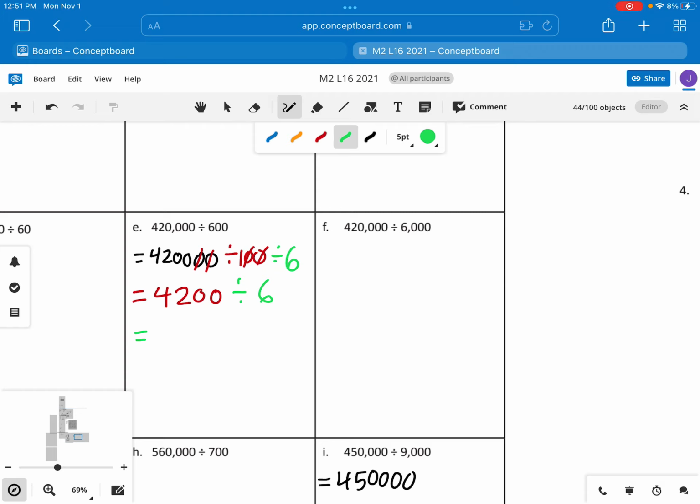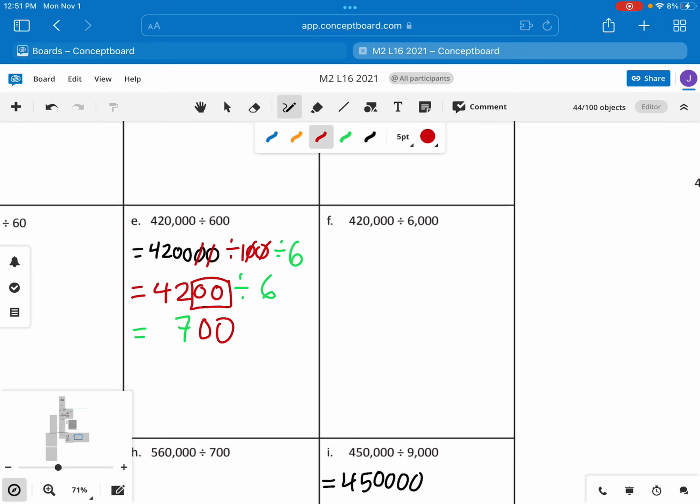So 6 times 6 is 36. 6 times 7 is 42. And now I'm going to put the 2 zeros here. So I'm dividing 42 divided by 6 and then just adding 2 zeros. Okay? So it's 42 hundredths divided by 6 equals 7 hundredths.